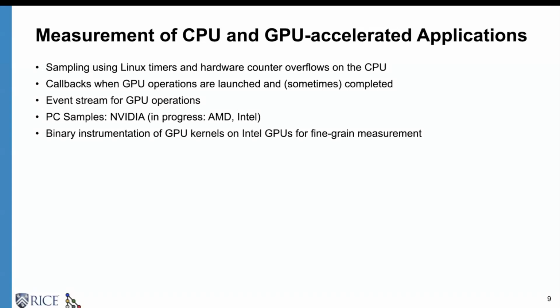There is support for PC sampling on Frontier, but that is done entirely in software. And then in the Ponte Vecchio GPUs that are in Aurora, Intel also added support with our urging. So on the Intel GPUs, we also support binary instrumentation for some fine-grained measurement and understanding your usage of SIMD lanes and things like that.